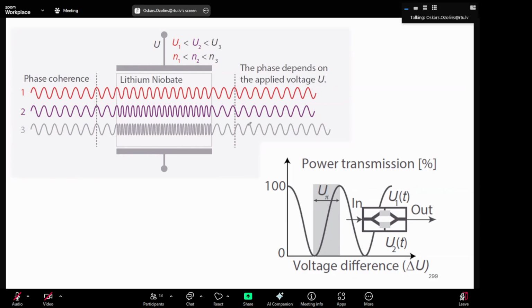Here's again the power transmission function, as we've seen in the example, and here is also how much voltage you apply and what happens with the refractive index. If you apply more voltage, then the refractive index will have a larger change in the material.